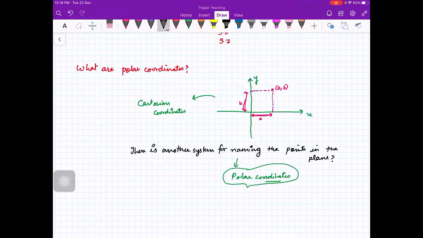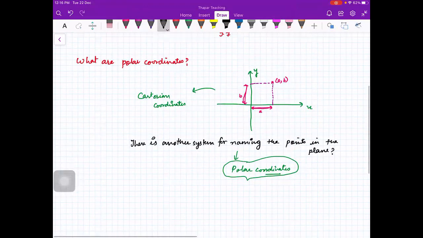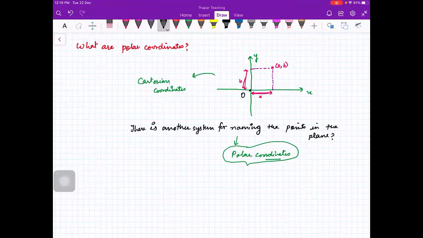So what are polar coordinates? The idea is you already have this system of axes x, y. You have an initial axis which is the same as your x-axis, and your origin is the same as the point of intersection of the x-axis and y-axis.